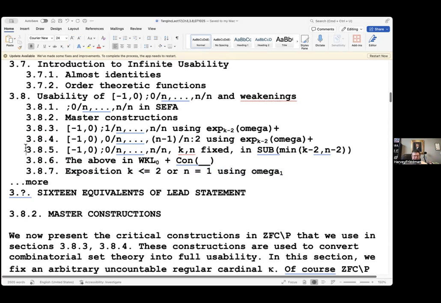And then next time, the plan, that is the third time on this, is to get right into the full proof using large cardinals, using subtle cardinals. Actually, I wanted to change the notation for this.